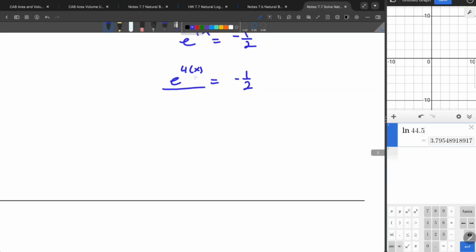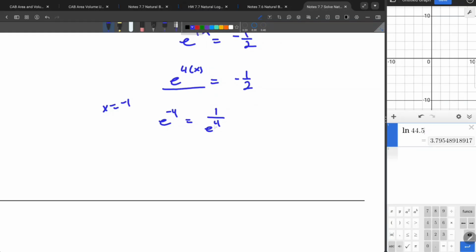And even if you're probably thinking, well, I'll just put a negative value in there. So if you say that x is negative 1, right? If x is negative 1, this becomes e to the negative 4, which is the same thing, because remember, we don't like those negative exponents, as 1 over e to the 4th. Well, e is a positive number. So a positive number raised to any power is going to be a positive number.